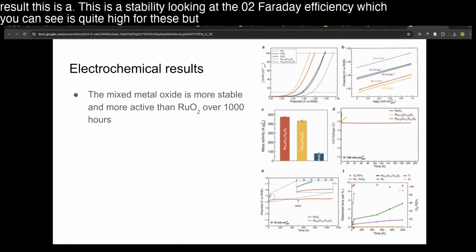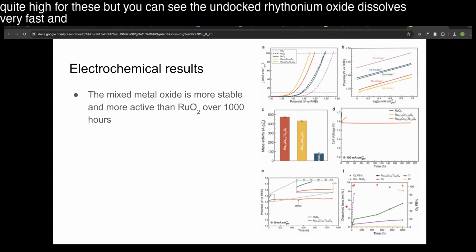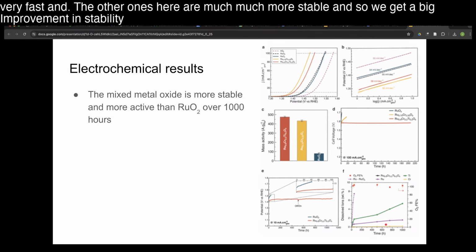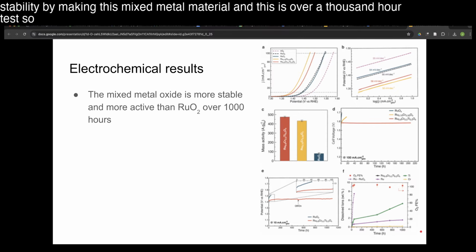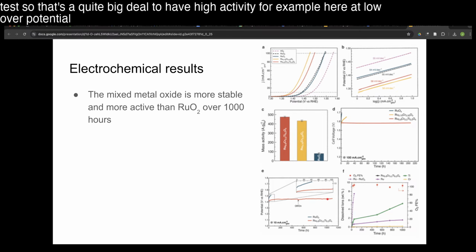But you can see the undoped ruthenium oxide dissolves very fast, and the other ones here are much more stable. And so we get a big improvement in stability by making this mixed metal material, and this is over a 1,000-hour test. So that's quite a big deal, to have high activity, for example here, at low overpotential for 1,000 hours.